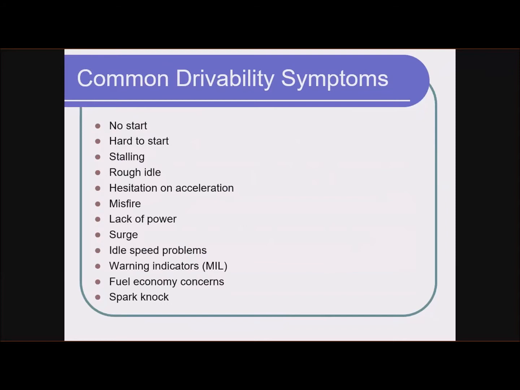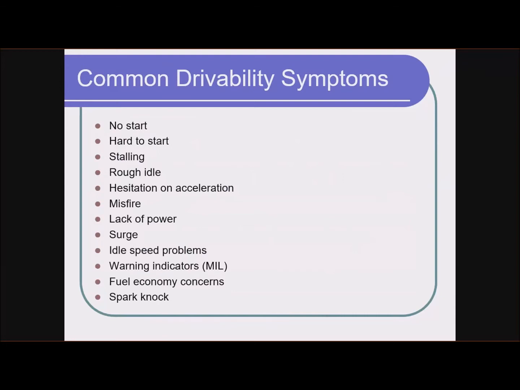Hesitation on acceleration. You step on the accelerator, you don't have an instant application of power. There's some sort of a delay. Misfire can typically be felt as roughness in the engine. It can be worse on acceleration.